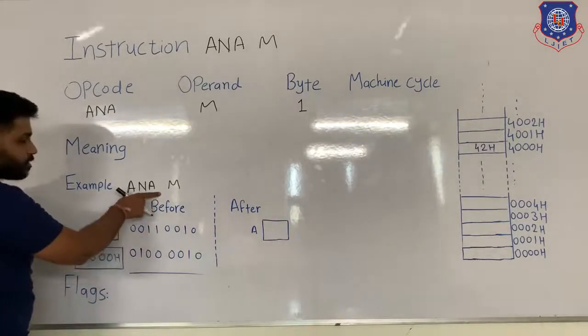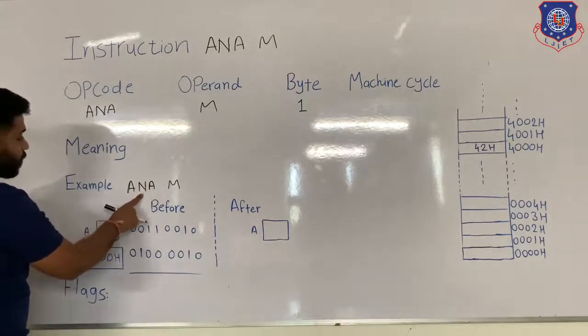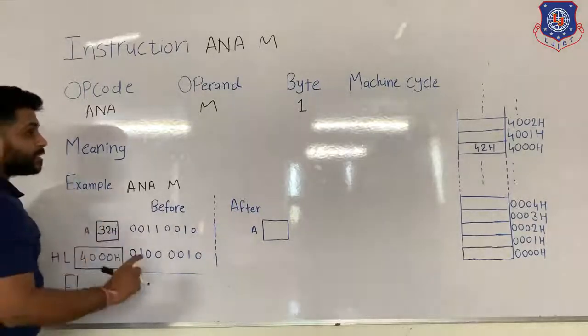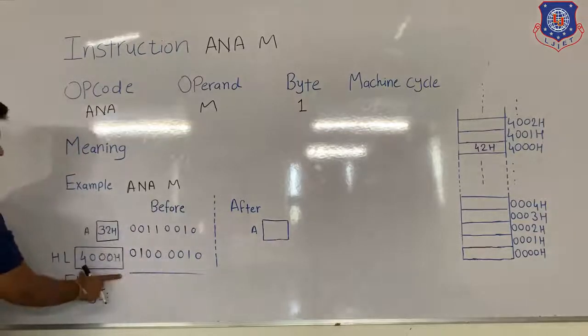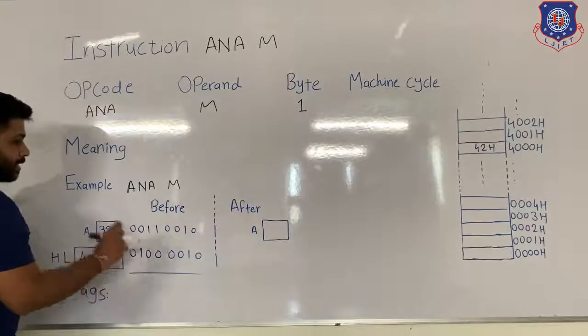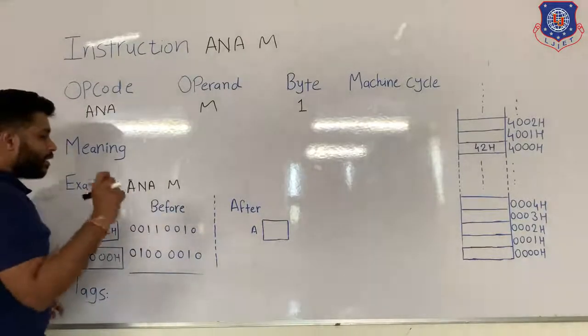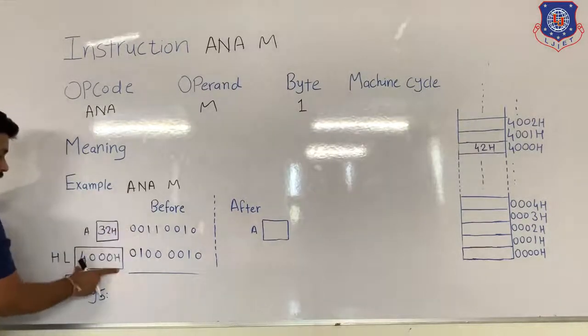So when you execute this instruction ANA M, logical AND will be performed between the data already present in the accumulator and the data present in the memory location. But which memory location? The one specified in the HL pair. Before execution, the HL pair contains 4000H. It means when this instruction is executed, the logical AND will be performed between the content of the accumulator and the content of the memory location specified in the HL pair.